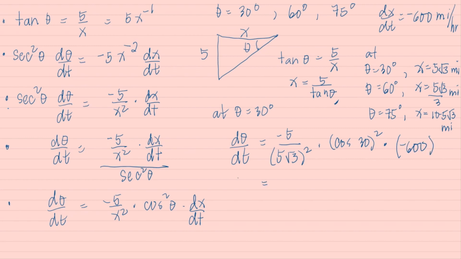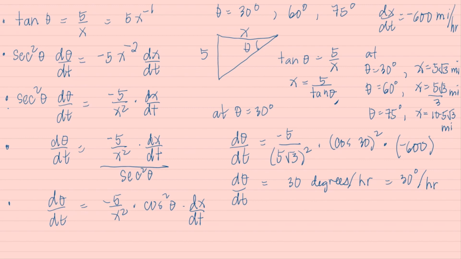Computing this gives us the value of d theta over dt when theta is 30 degrees, and the answer is 30, and the unit will be degrees per hour, or you can write it as 30 degrees per hour.